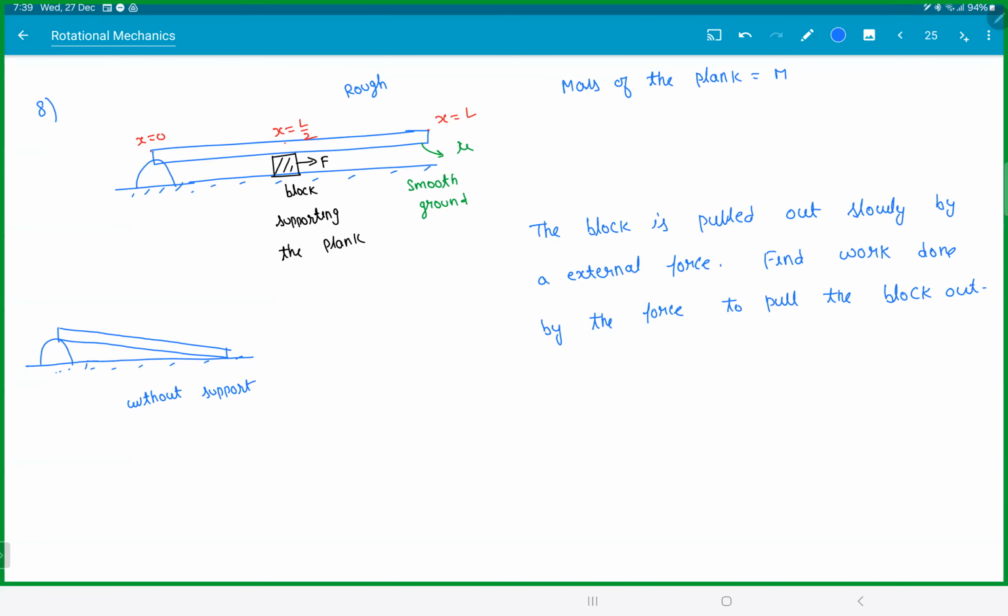Step 1, draw the FBD. There's no other way out. Start with an FBD. There are two systems now. Draw the FBD of the block and the plank. If you draw them, I think you'll see something. Take a minute, then I'll show you.